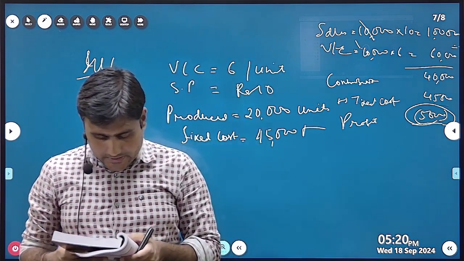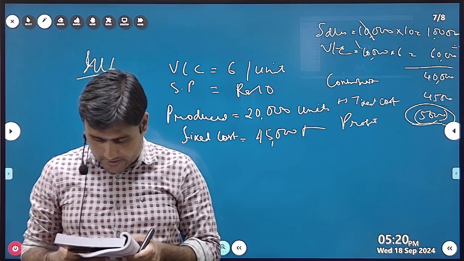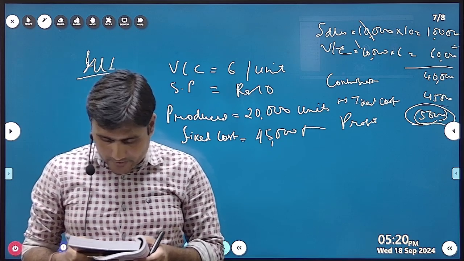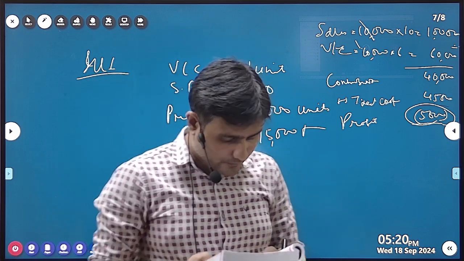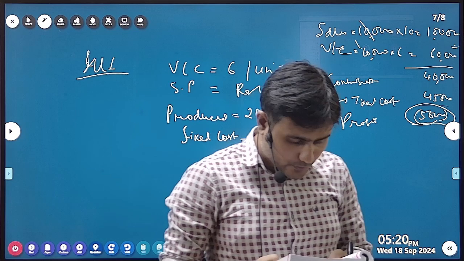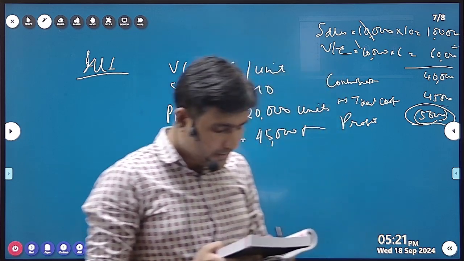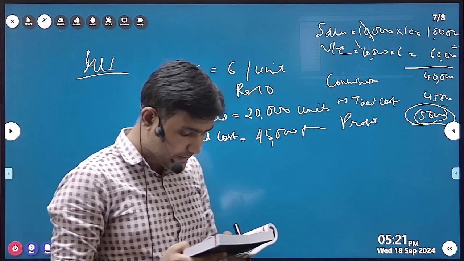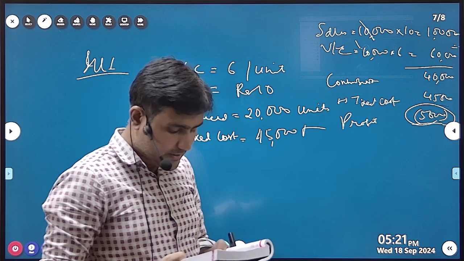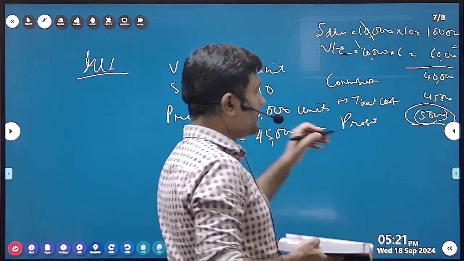Then since the contribution per unit does not change, the most effective way of calculating the expected profit at any level of output and sales would be as follows: first, calculate the total contribution, then deduct the fixed cost as a period charge in order to find profit. We have done it the same way.